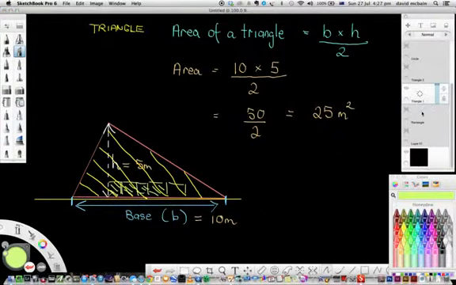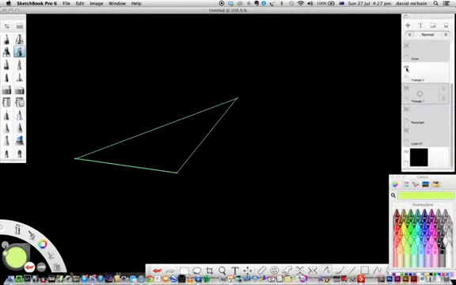Let's do another example of a triangle. So here's a different triangle, and I'm going to put the measurements in.